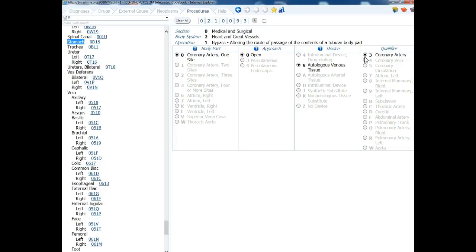And that's for the autologous venous material. That's when they're using the saphenous vein. Now, when they use the internal mammary, then I'm going to choose autologous arterial tissue, and they use the left internal mammary, so that code will be 02100A9.